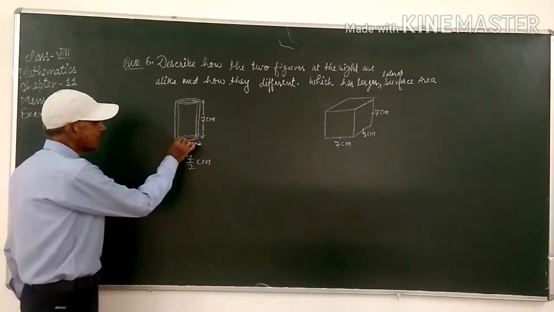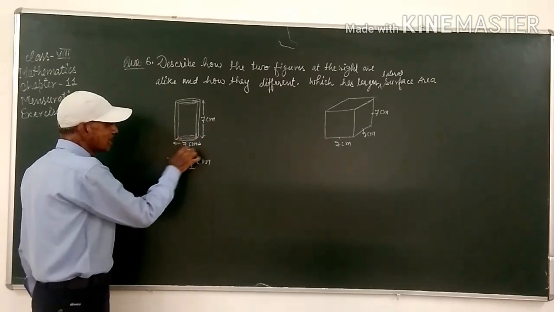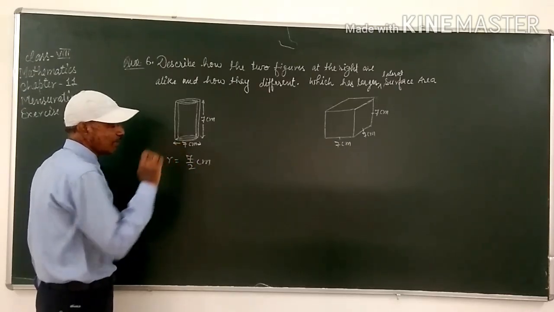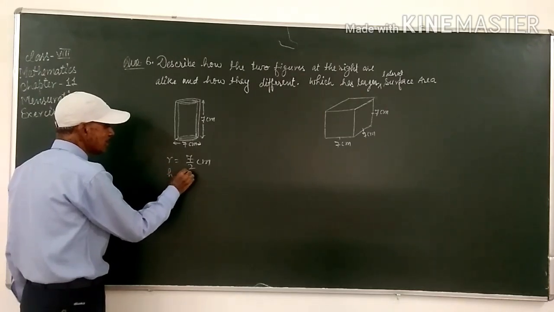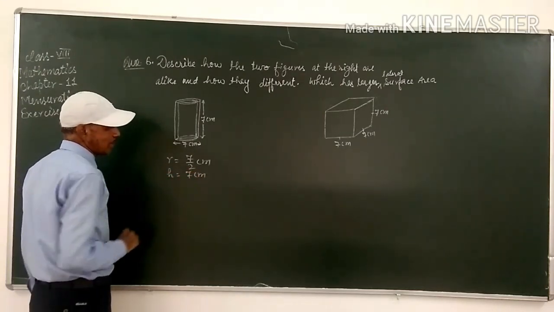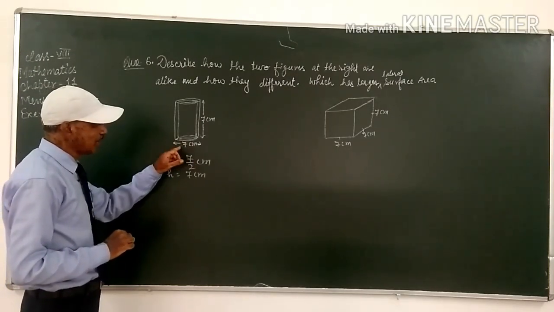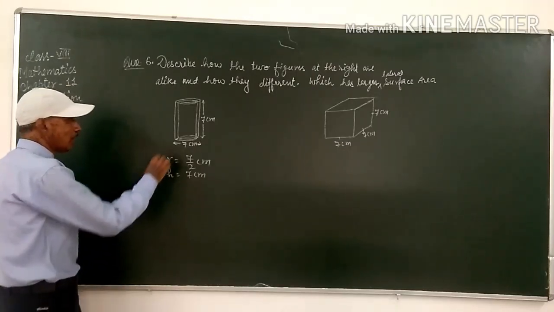Because the diameter, this one is the diameter, and the diameter is given as 7 centimeter. So radius is 7 by 2 centimeter and height is 7 centimeter, student. Clear? This one is the diameter, students. So radius will be 7 by 2 centimeter.